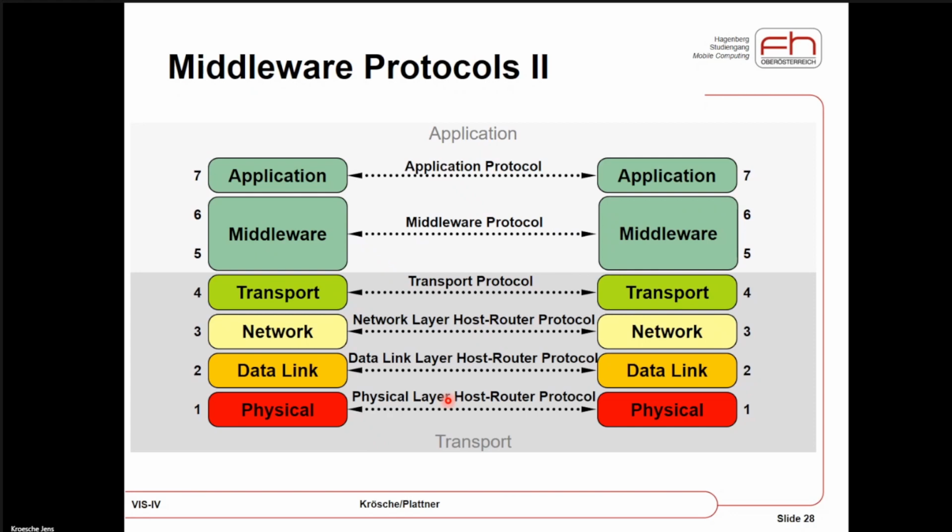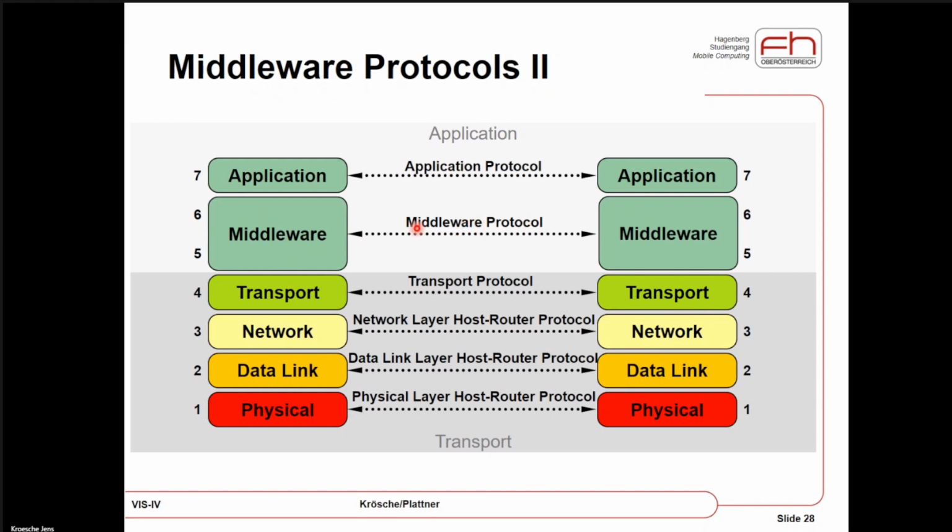So as we were playing in our first exercise somewhere around here, the next exercise is playing around with the systems somewhere up here. So we will use a middleware which defines some kind of middleware protocol.